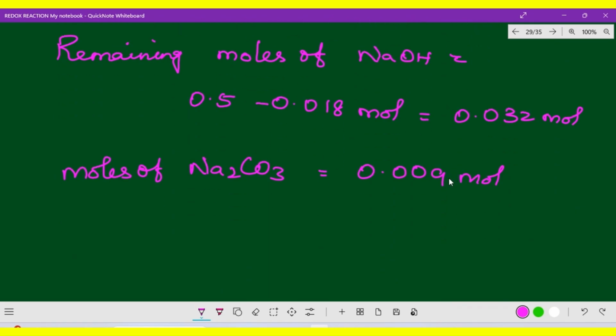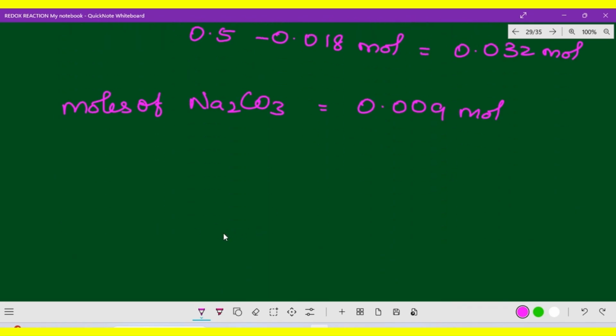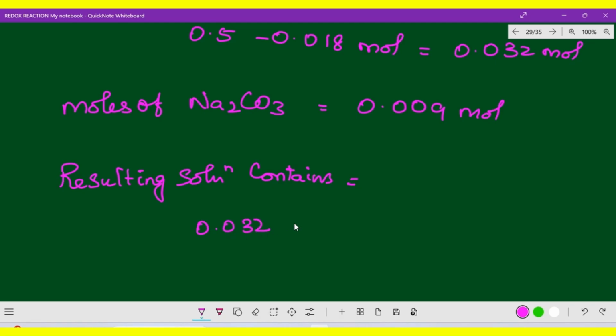Now we are finding that the resulting solution contains 0.032 mole of free NaOH.